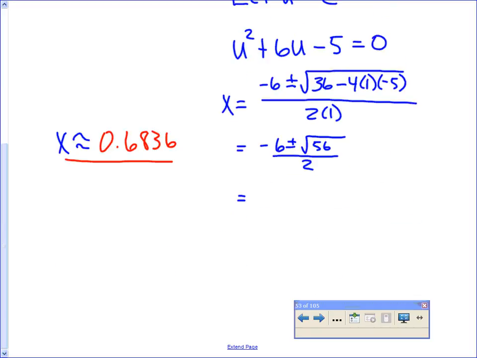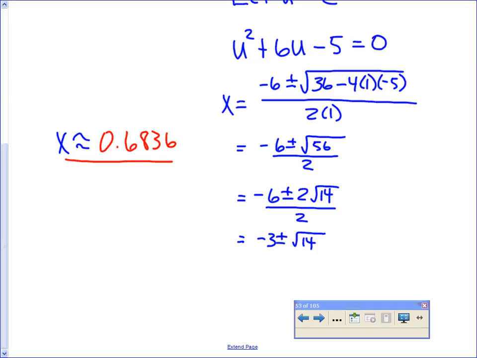And let's continue to simplify that square root of 56. And when we do, we get negative 6 plus or minus 2 root 14 over 2. And every term there has a factor of 2. So we can simplify that and get negative 3 plus or minus the square root of 14.